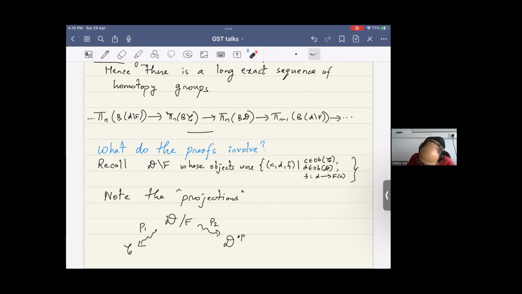I'll recall what the objects in this category were. They were triples c comma d comma f, where c and d are objects and f is a morphism from d to f of c. Why from d to f of c? That's because you have this on the left and this on the right.